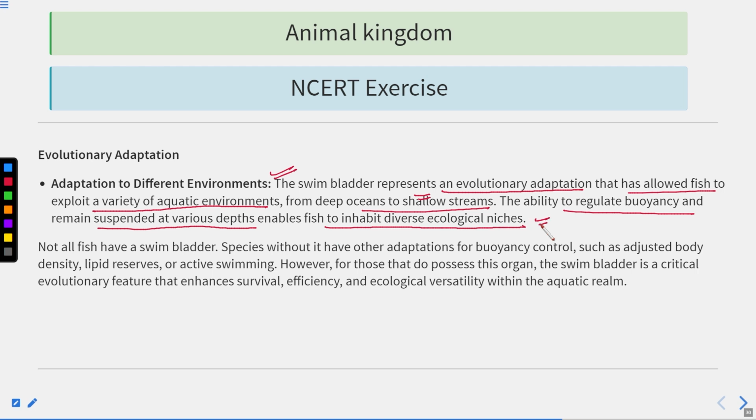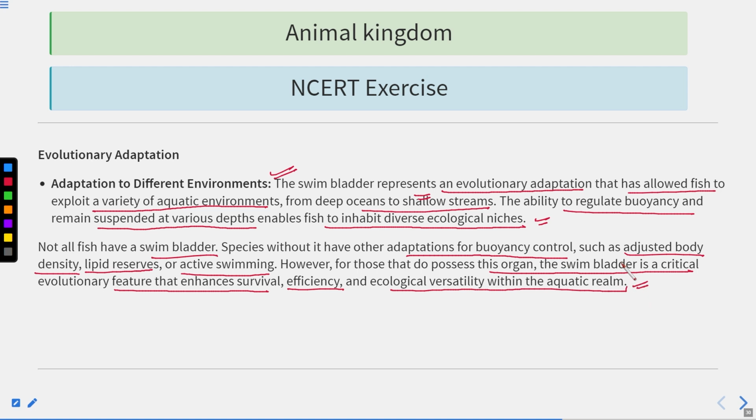niches. So not all fish have a swim bladder. Species without it have other adaptations for buoyancy control, such as adjusted body density, lipid reserves, and active swimming. However, for those that do possess this organ, the swim bladder is a critical evolutionary feature that enhances their survival, efficiency, and ecological versatility within the aquatic realm.